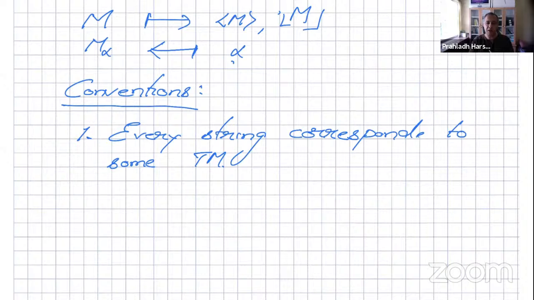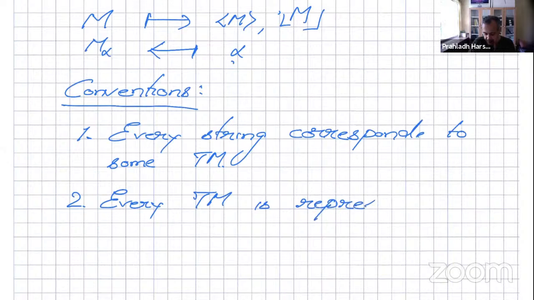Some are legal Turing machines, and if they are gibberish, I will just view them as a Turing machine that does not accept any input. And furthermore, the next convention is the more interesting one that we'll follow: every Turing machine is represented by infinitely many strings.